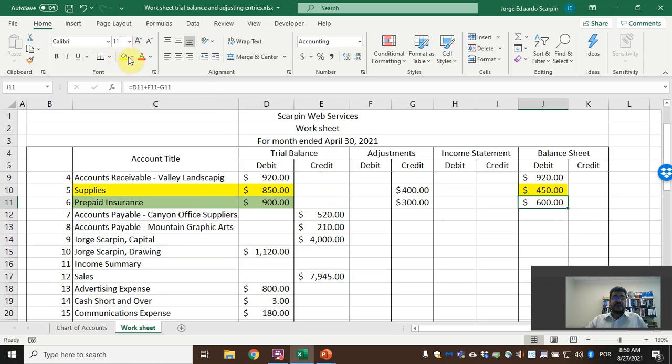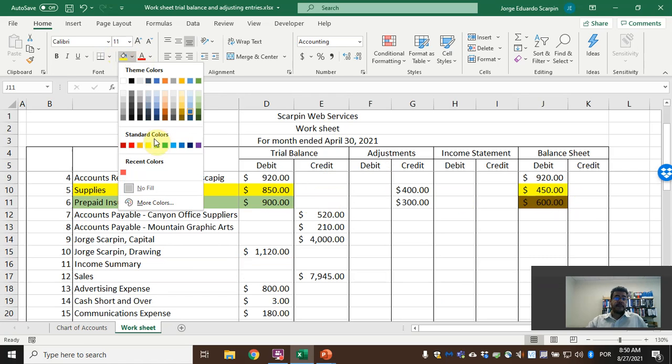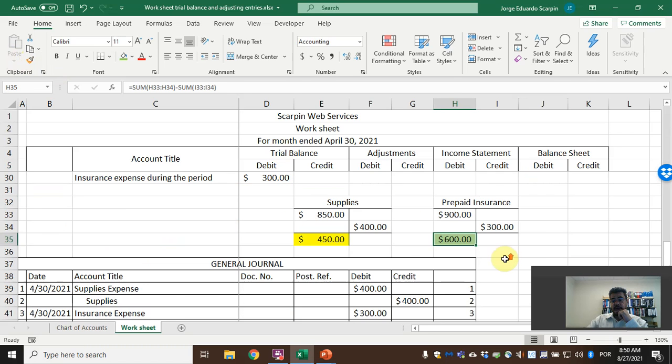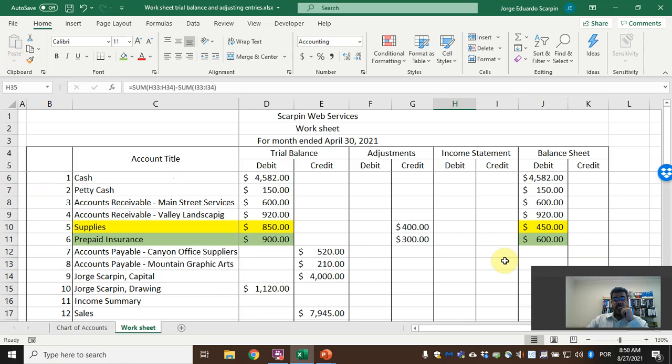Prepaid insurance, 600. 600 here is not this. And must match with these 600 here. So we're good. What about our liabilities?